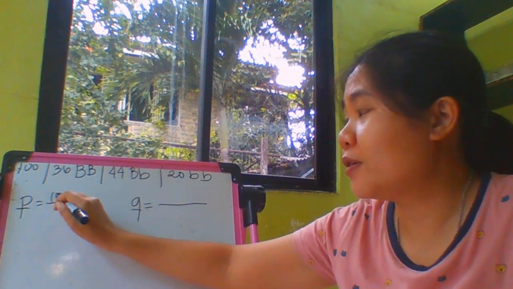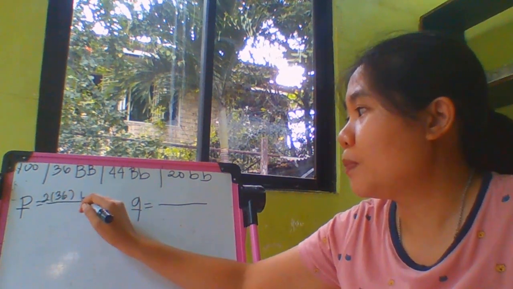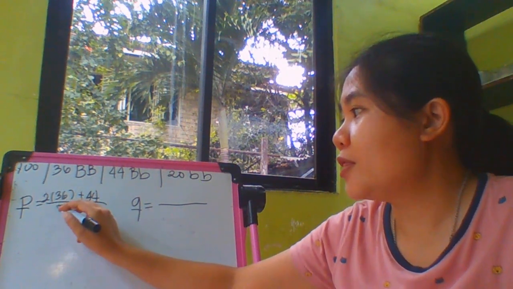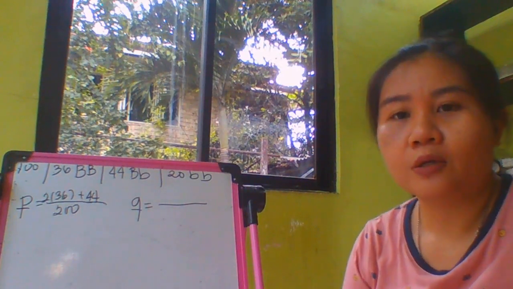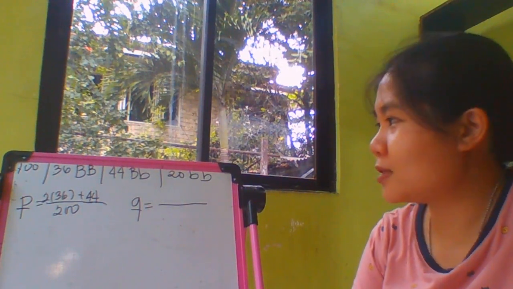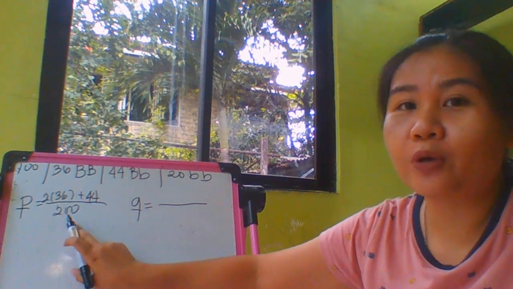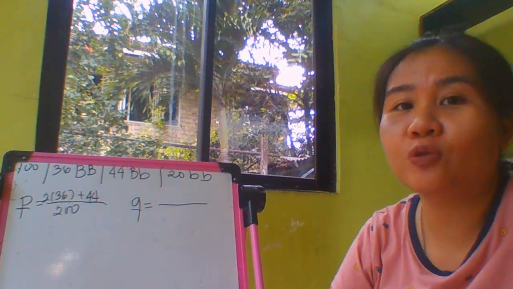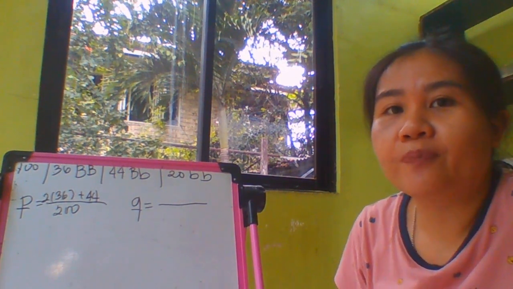So you have here 36 times 2 plus 44, and then over 200. Doc, you might be asking, why 200 when a while ago, when we solved for the genotypic frequency, it was over 100?